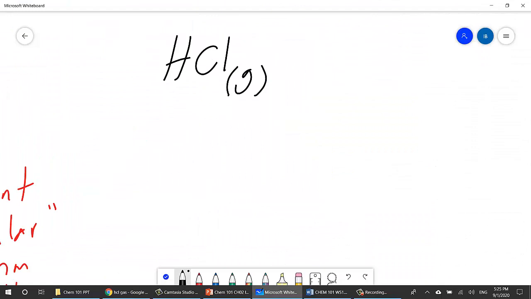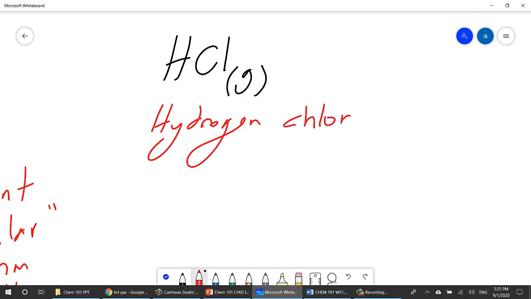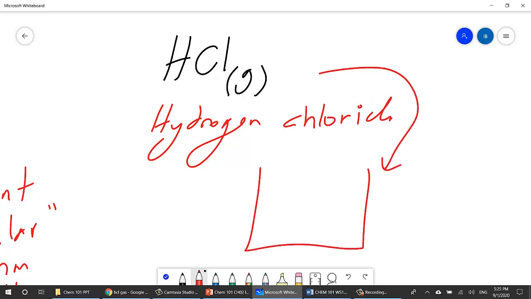If you want to name this, you want to ask yourself again if this is ionic or covalent. Anything with hydrogen would be covalent for me. So I will say this is called hydrogen chloride. You can argue it's hydrogen monochloride, but it's known as hydrogen chloride. But that's in the gas phase. If you drop this into water, HCl will dissociate completely, and it's going to form ions of H plus and Cl minus.